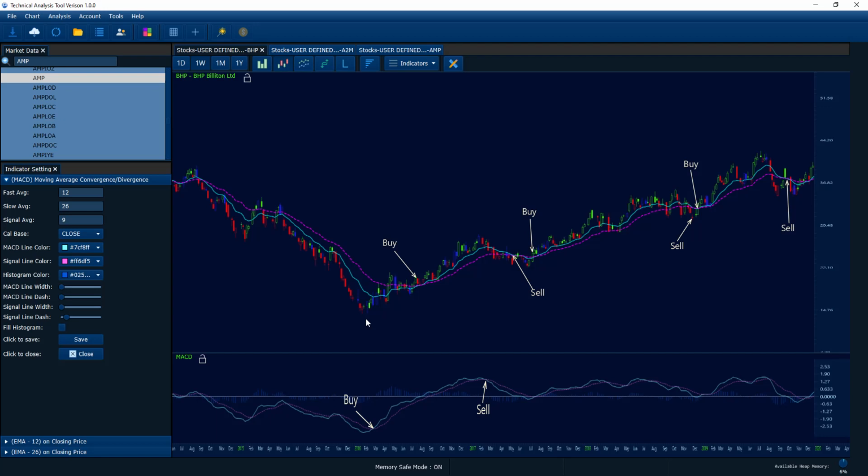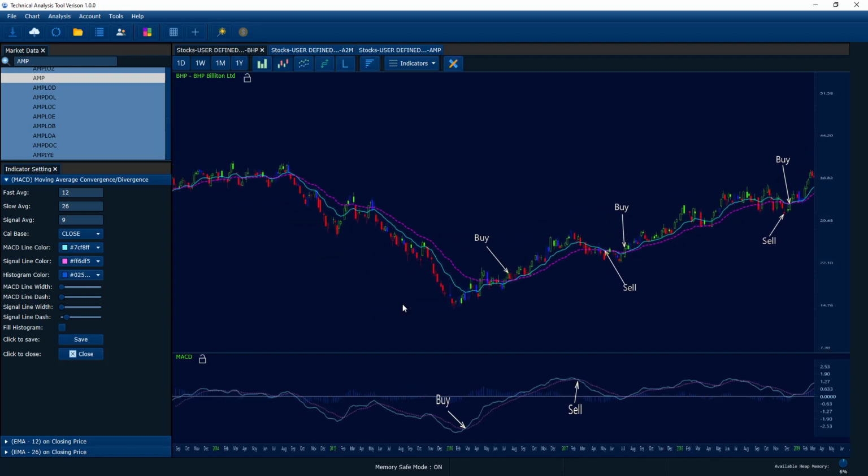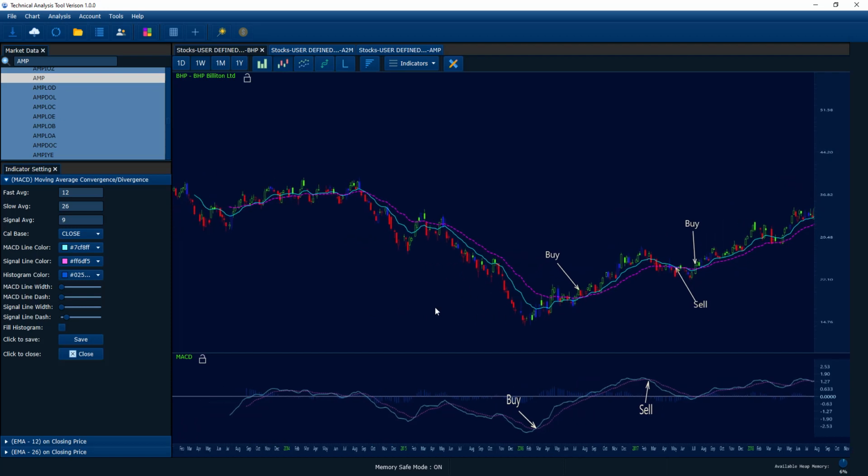Any indicator that is derived from or based on moving average lines can be used as a trend following tool, because it's trend related. Moving average is a trend focused indicator, so anything based on it is also trend related. So you can use it as a trend monitor.